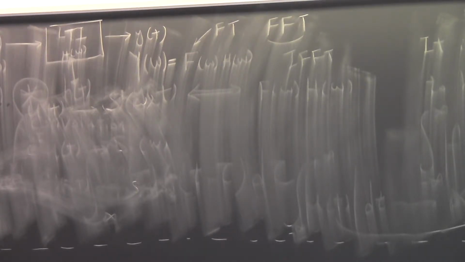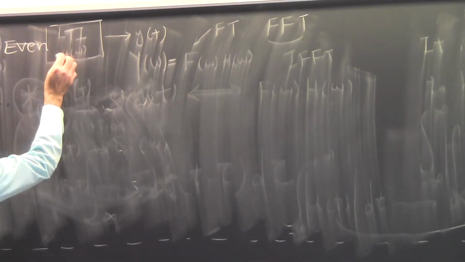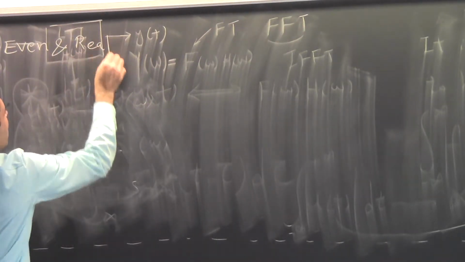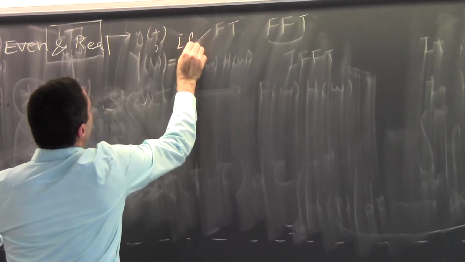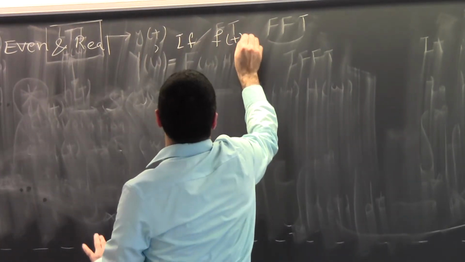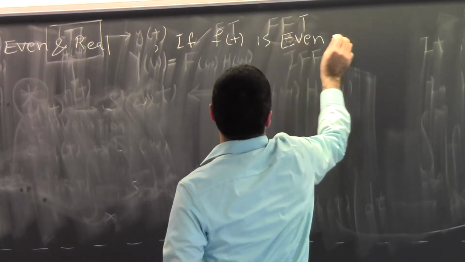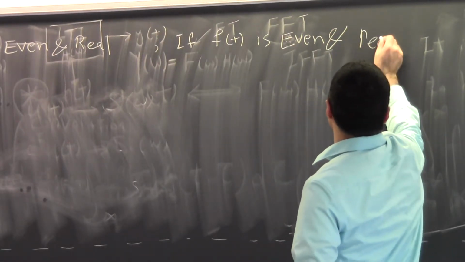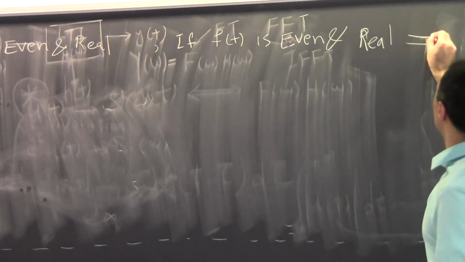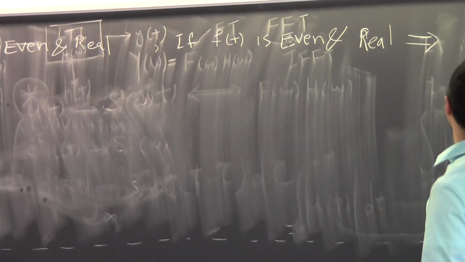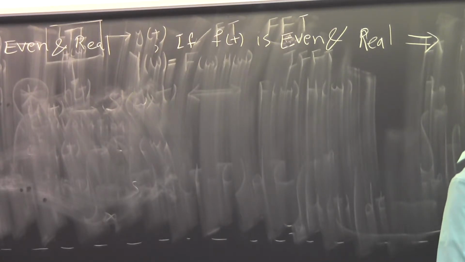So the other one is even and odd. Even and real, maybe. If f(t) is even and real, then we can conclude that F(omega) should be even and real.